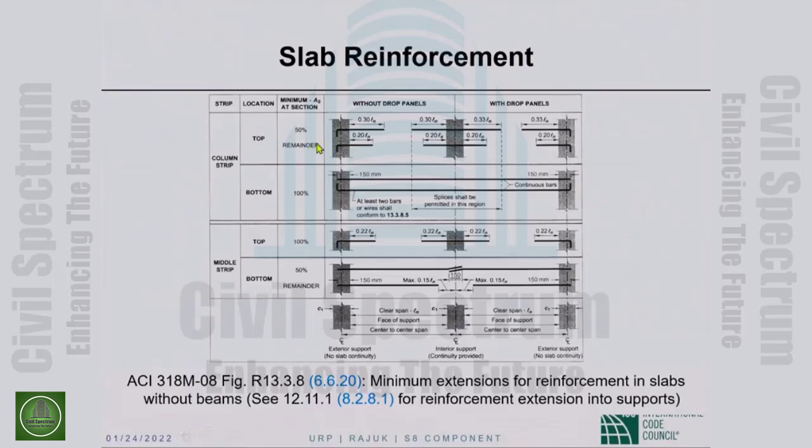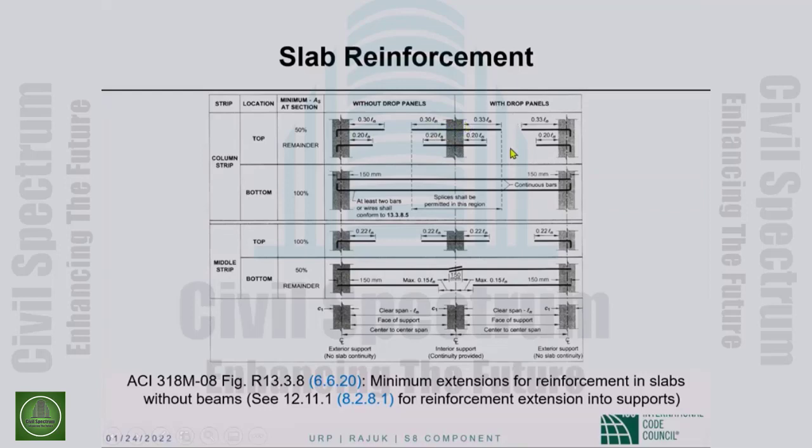And this tells you about the extension of the slab bars. These are the column strip bars above the double line. These are the middle strip bars below the double line. These are the top bars in the column strip. These are the bottom bars at the column strip. The top bars must extend so much into the span. These top bars must extend so much into the span.